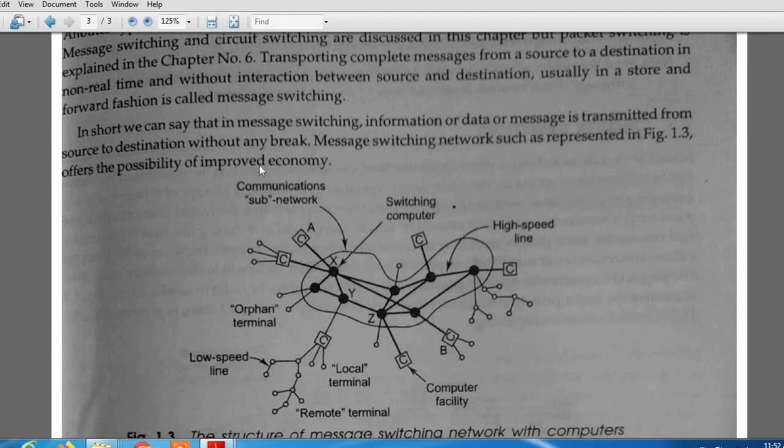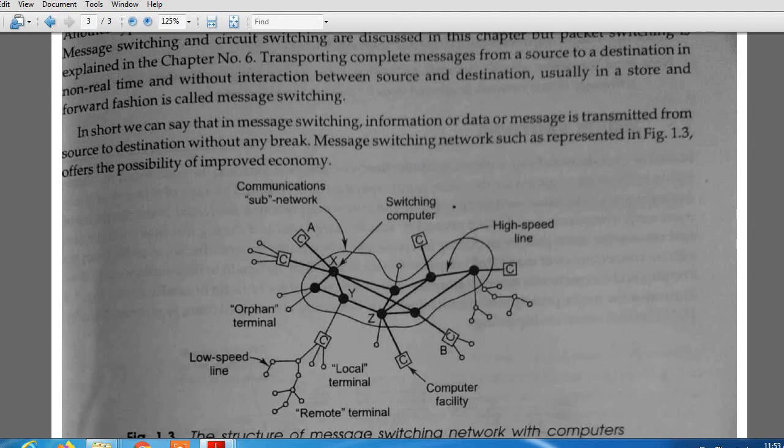Now we will see how a message switching network operates and what its structure is. In short, in message switching, information or data is transmitted from source to destination without any break. So this is the structure of message switching.